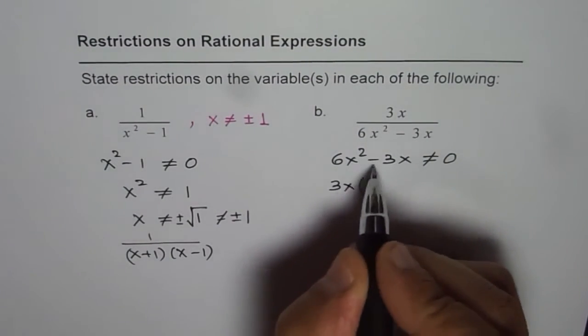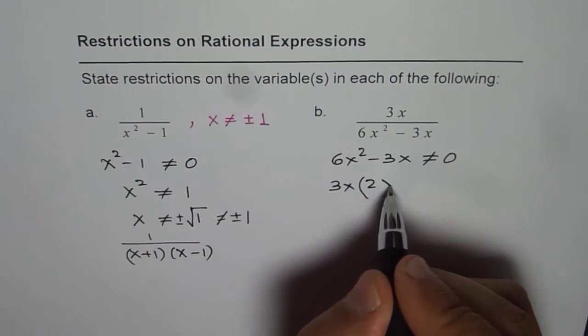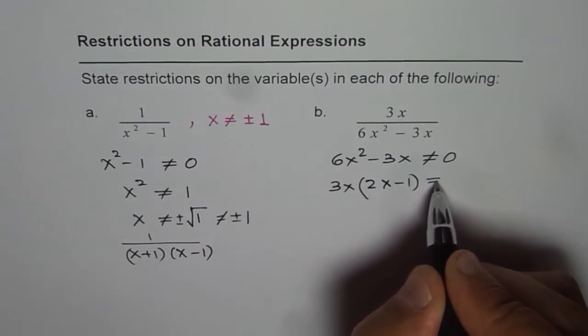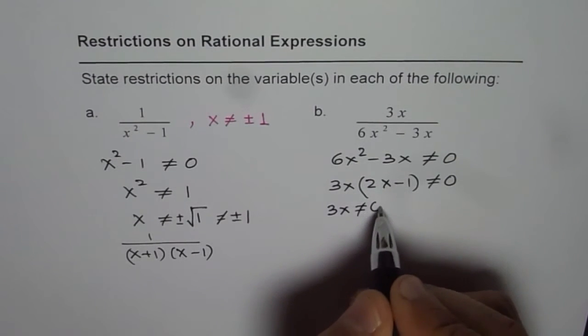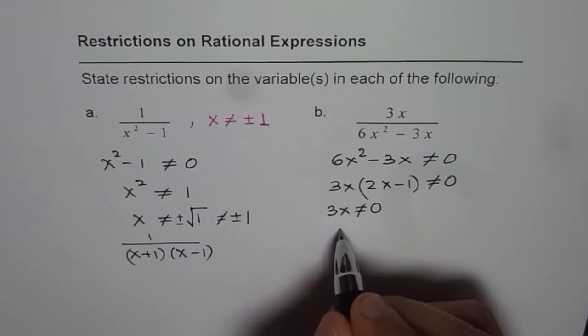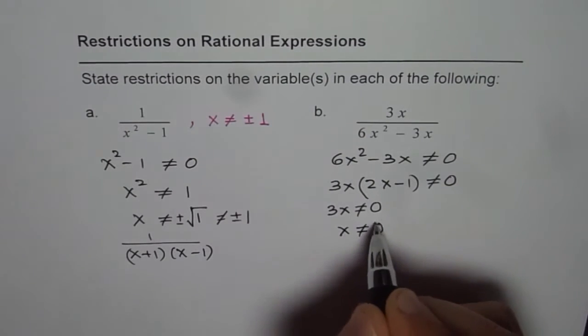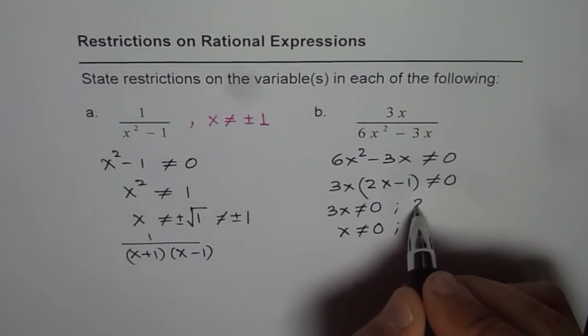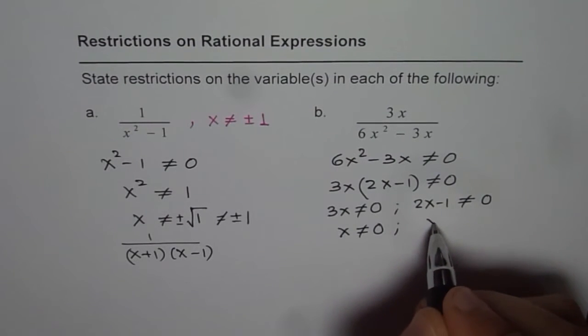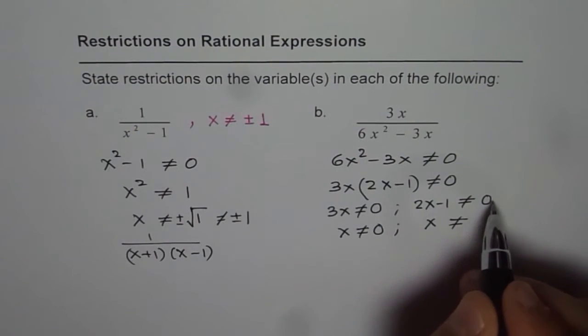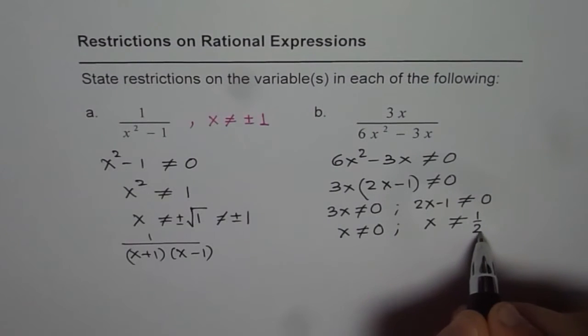If you factor 3x, you get 3x times 2x minus 1 should not be equal to 0. That means 3x is not equal to 0. That gives us the first restriction, that is x is not equal to 0. And the second one is that 2x minus 1 is not equal to 0, or x is not equal to 1 divided by 2, half, correct?